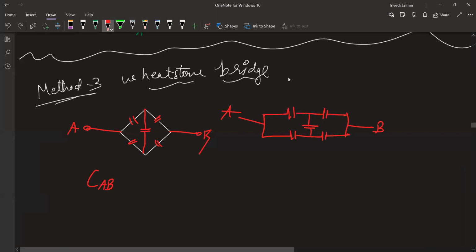Let's name the capacitors 1, 2, 3, 4, and 5. Now name which will be parallel, Pawan? Sir, 1 and 3 both will be parallel, sir. And 2 and 4.